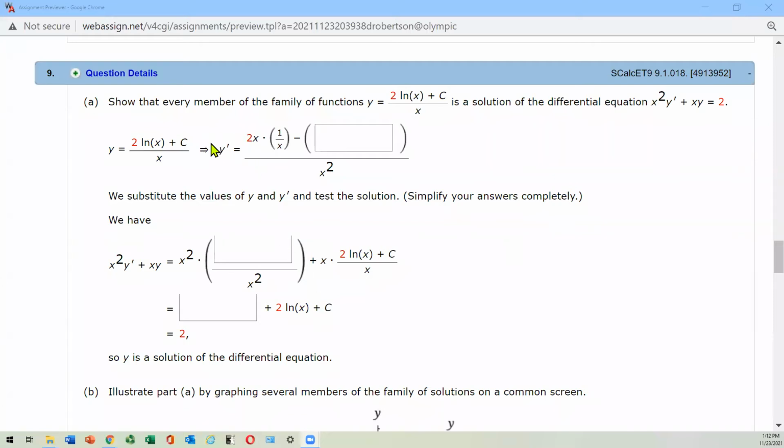Okay. So it says, show that every member of this family. So what you have here is an equation with a thing called an arbitrary constant. It's like an arbitrary constant in integration.